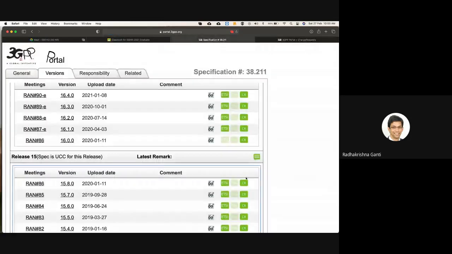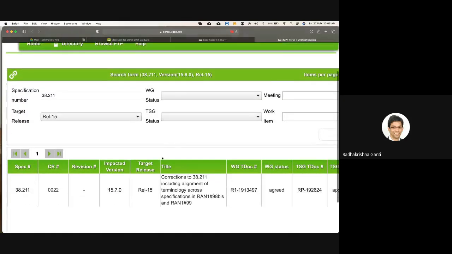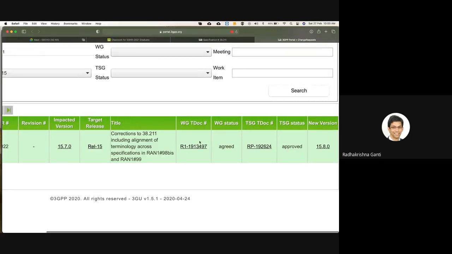You can also get all the change requests for that using this. It will take some time to load. You can open this, more TDoc. TDoc is the working document for 3GPP. It tells you what is the working group agreed document, what is the RAN plenary agreed document.